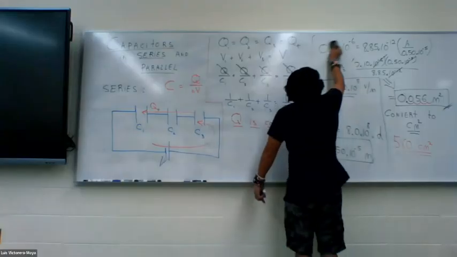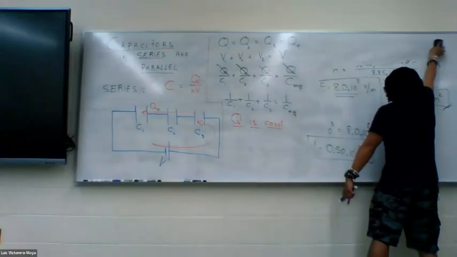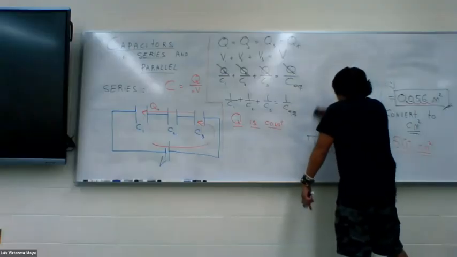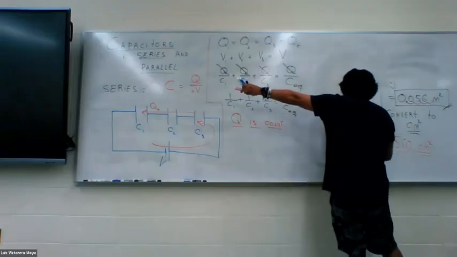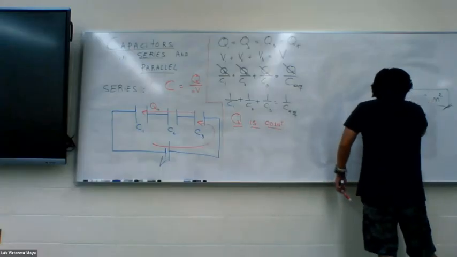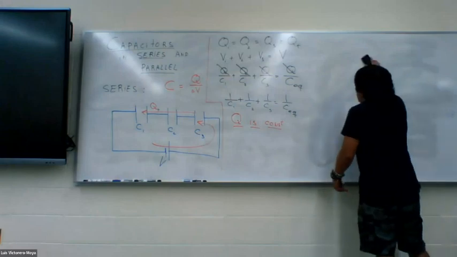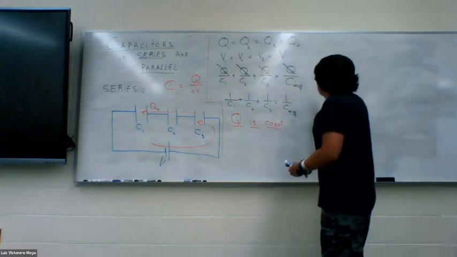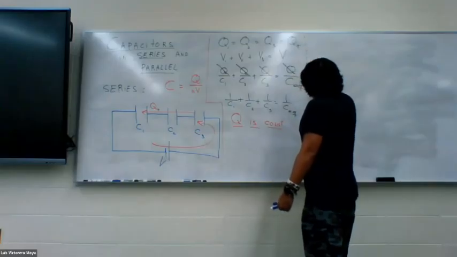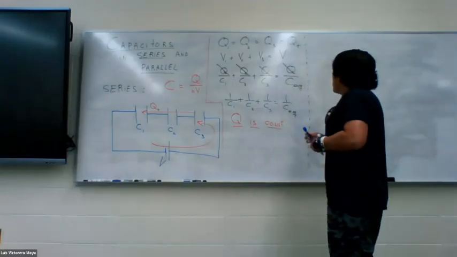Now, what about parallel? For parallel, the geometry is a bit different, but we're still going to use that equation. So for parallel capacitors, the way they look is like this.